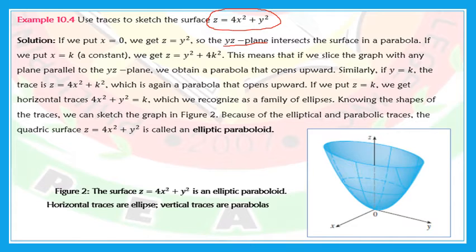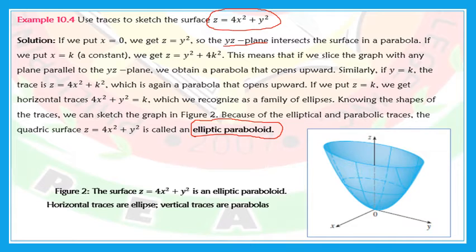Knowing the shapes of the traces, we can sketch the graph in this figure. Because of the elliptical and parabolic traces, the quadric surface z equals 4x squared plus y squared is called an elliptic paraboloid. Ibig sabihin nun, sa pag-identify ninyo ng traces, both horizontal and vertical, kung naghalo si parabola at ellipse, ang tawag doon is elliptic paraboloid.